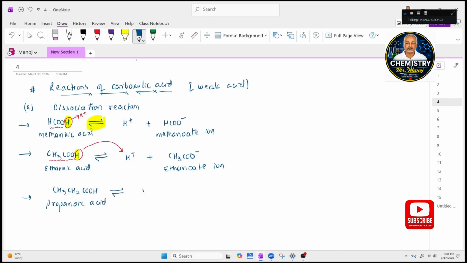The H comes out as an H plus, and the entire thing which is left here, you just literally copy paste: CH3CH2COO, don't forget the negative. If that's propanoic acid, this must be the propanoate ion, and that's it. So this is how we write the dissociation equations for carboxylic acids.